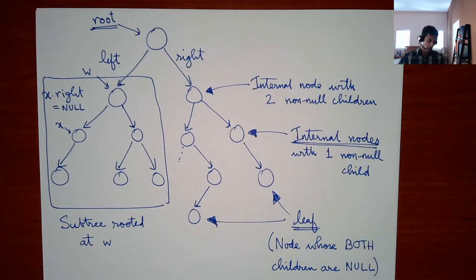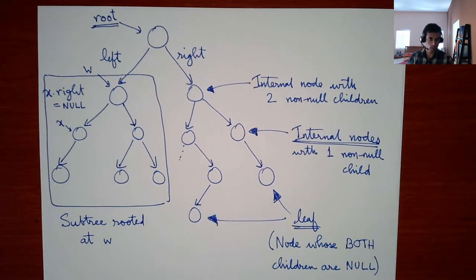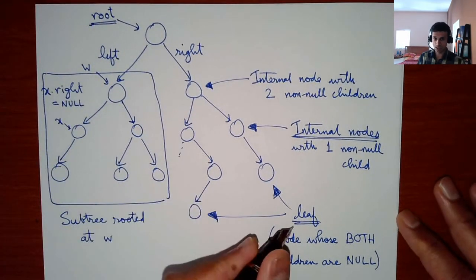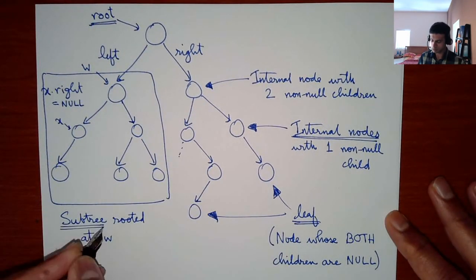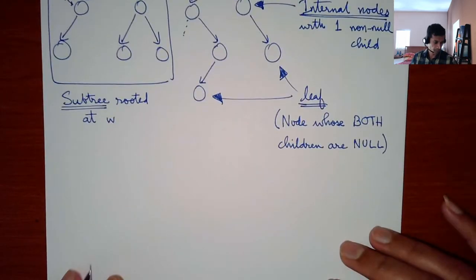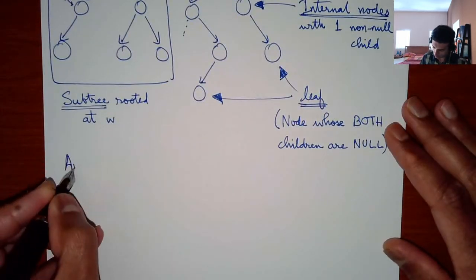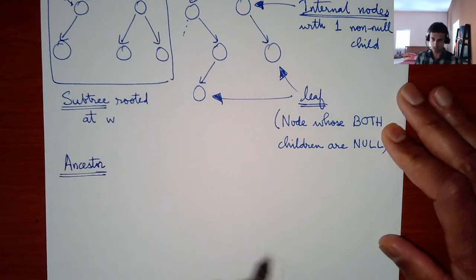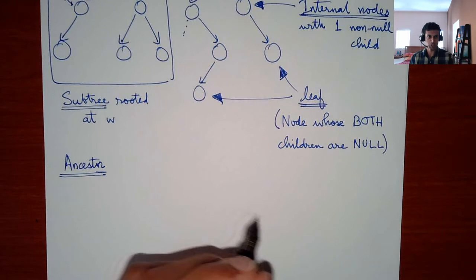Okay. Now there are two more terms that I would like to introduce. So you have root, internal nodes, leaves, subtrees. Then you have a notion of an ancestor. So what is an ancestor? The definition is recursive.